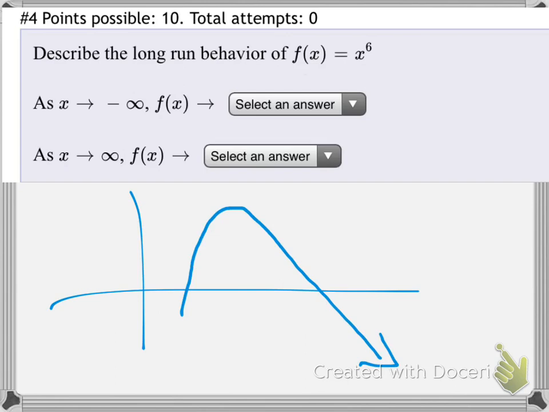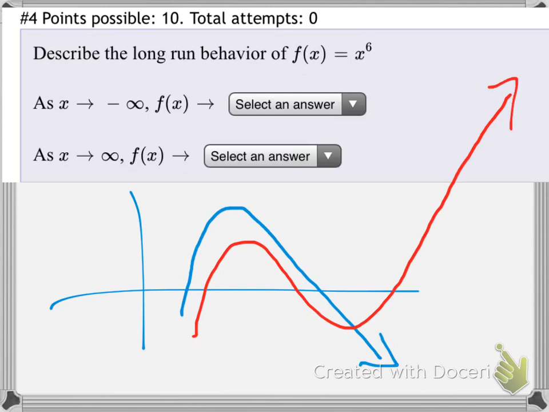Then there are other functions that start out increasing and then decrease, and then it comes back, and after all the wiggling is done, it seems like it's just going to keep increasing forever. And so we're going to figure out which one of those this kind of function is.